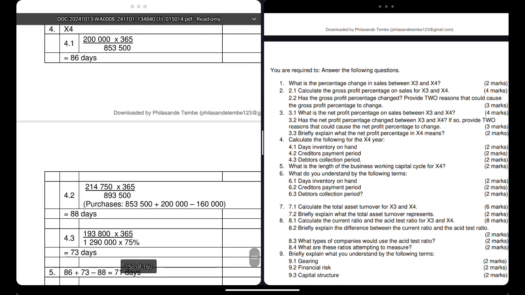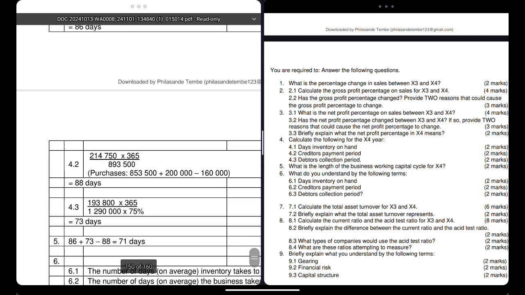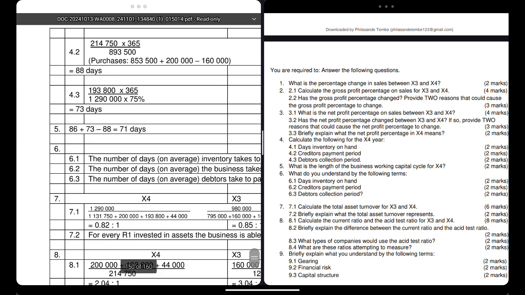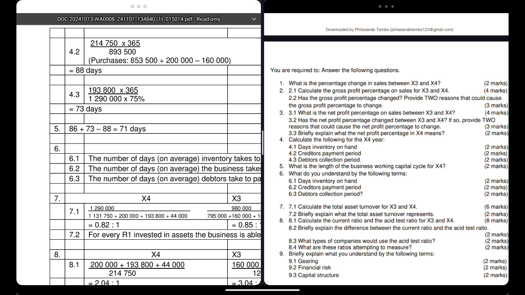So we take 86 days plus 73 days, what it was, your debtors collection, minus your creditors payment period. So minus 88, 71 days. So it's your days inventory on hand plus debtors collection period minus your creditors payment period. So the lower the better, obviously. Basically it means how long it takes you to get your cash, the working capital cycle.